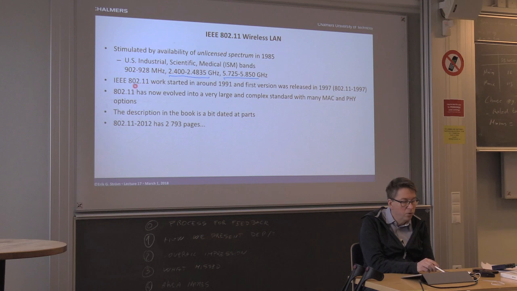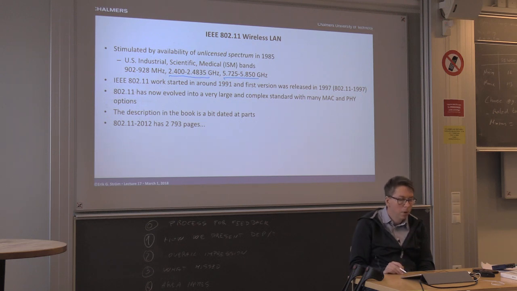The 802.11 work started around 1991. It took quite a long time before the first version of the standard was released in 1997. So there is a standard called 802.11 version 1997, which is the first rudimentary Wi-Fi.